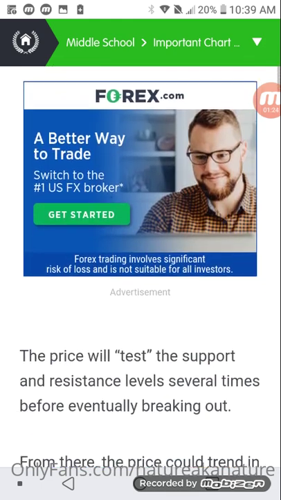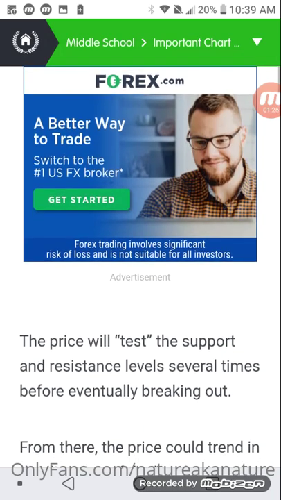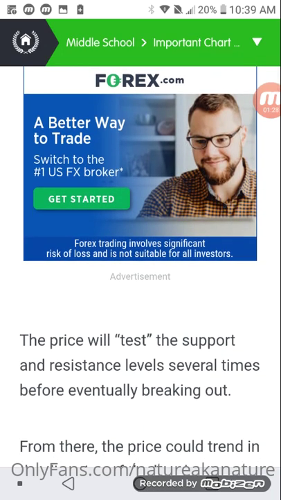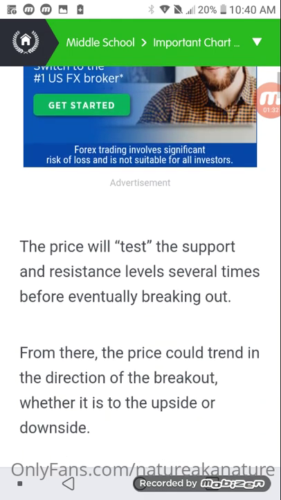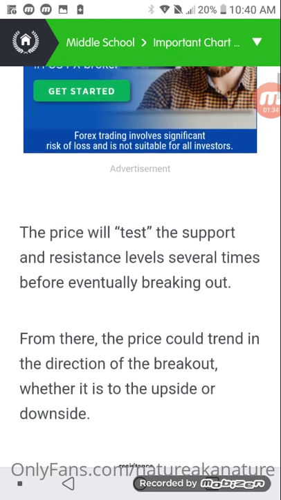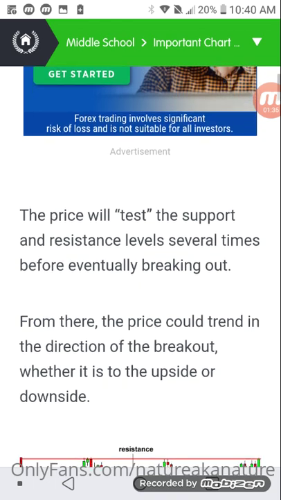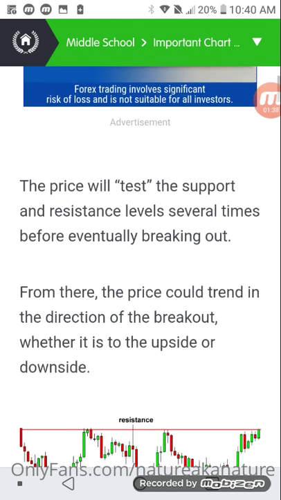The price will test the support and resistance levels several times before eventually breaking out. From there, price could trend in the direction of the breakout, whether it is the upside or downside.